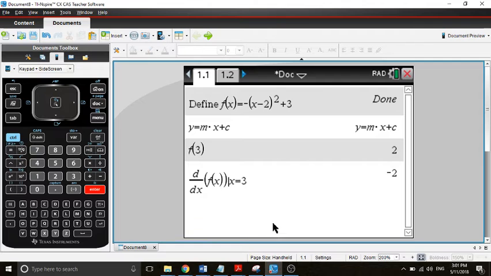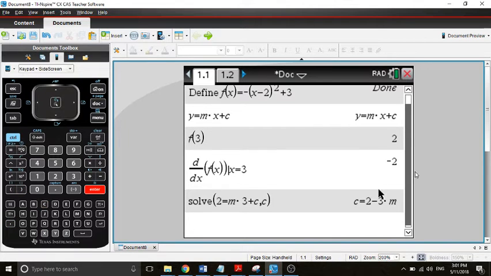Then here, we've got y equals mx plus c. We know that at x equals 3, y equals 2, and we're going to solve for c. So I'm going to say solve, comma c.